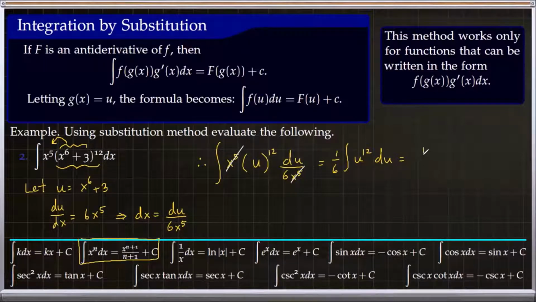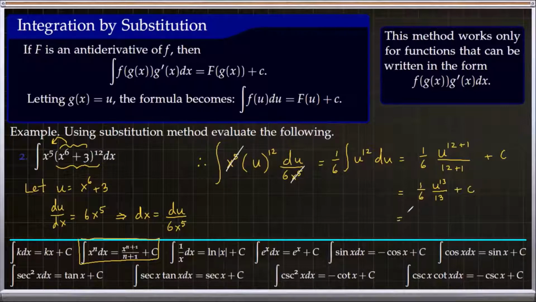So this will give us 1/6 times u^(12+1) over 12+1, plus constant. So I'm going to go one step further here, simplifying this in terms of u. So we have 1/6 u^13 over 13 plus constant.